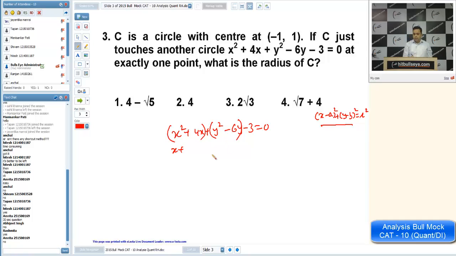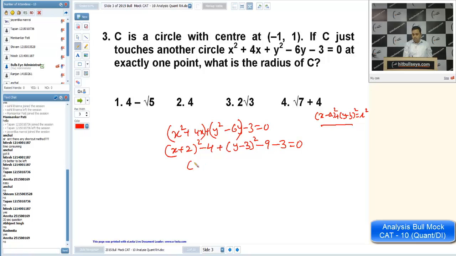So x square plus 4x, I can write as x plus 2 whole square. Now when I write x plus 2 whole square, it becomes x square plus 4x plus 4, so I will subtract 4 to balance the equation. Similarly, I will write y minus 3 whole square. It becomes y square minus 6y, but I am getting an additional 9 here, so I will subtract 9, and already I have minus 3.